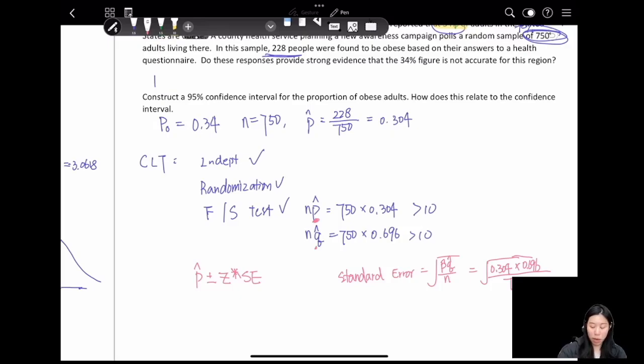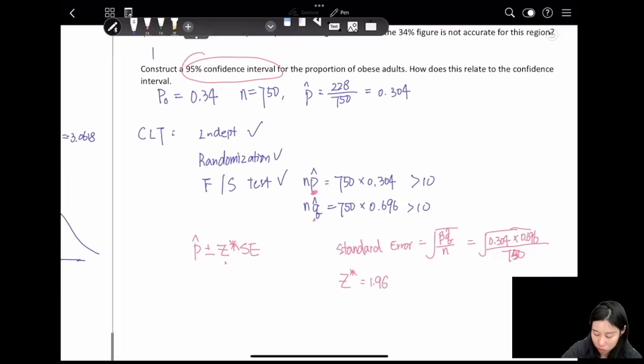And then what would be our z-score? Since this is a 95% confidence interval, our z-score is equal to 1.96. Okay, so our confidence interval equals what? Use a calculator. We got 0.304, this is our p hat, plus or minus 0.329.